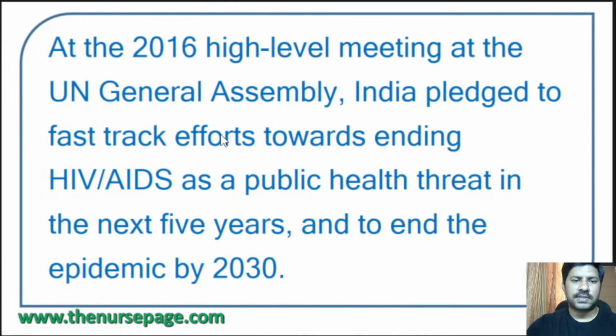At the 2016 high-level meeting at the United Nations General Assembly, India pledged to fast-track efforts towards ending HIV or AIDS as a public health threat in the next 5 years and to end the epidemic by 2030.